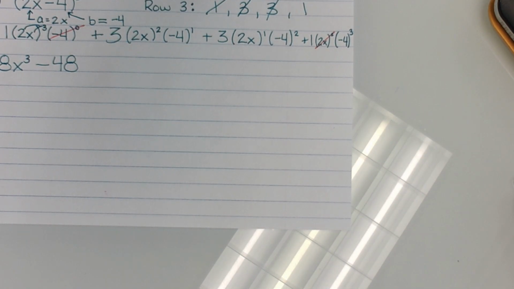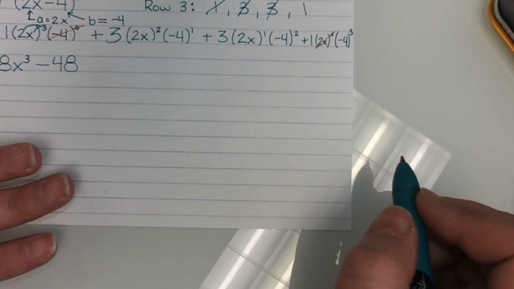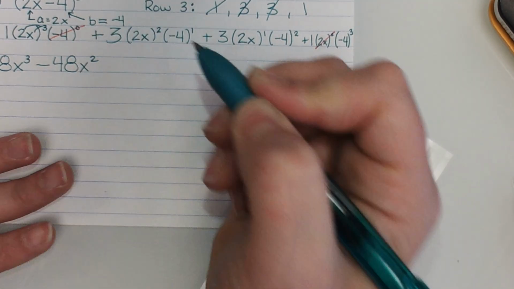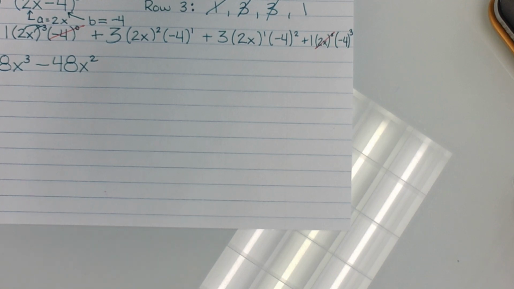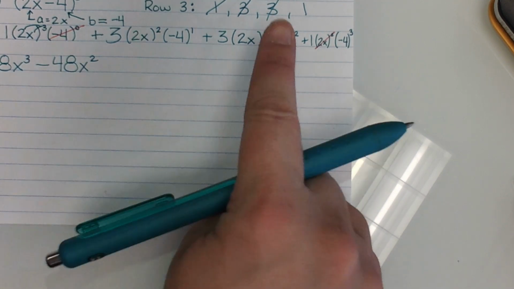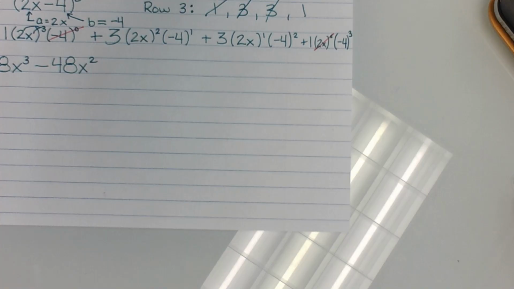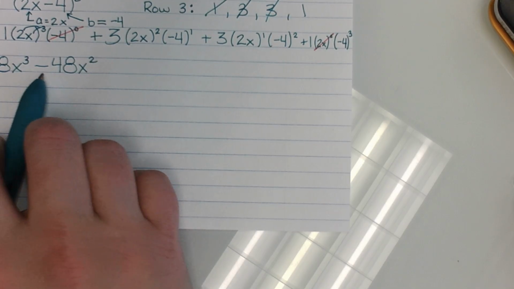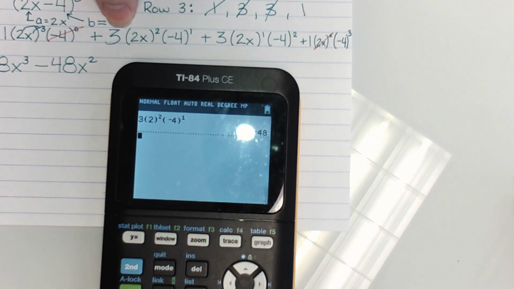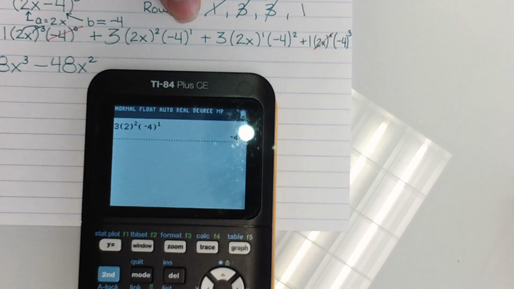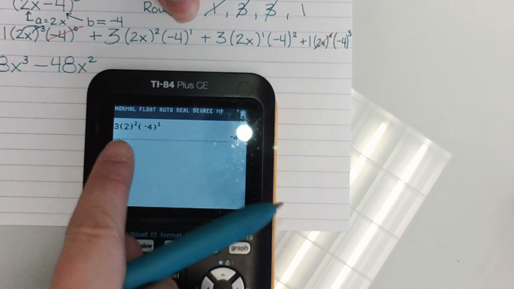X to what power? Yes. Sam. Third term, what number? While he's typing that in, Alex, what's your question? How'd I get negative 48? 3, 2 squared, and negative 4 to the first, all multiplied in my calculator.